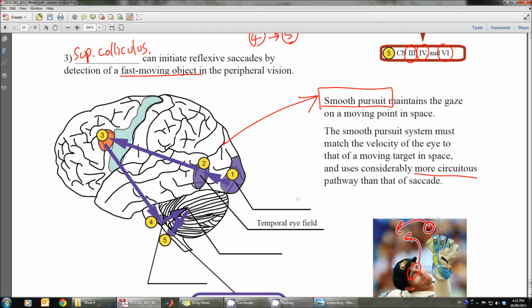So we start from the primary visual cortex, and the next step is, rather than going to the post-parietal, it goes to the temporal eye field, which is number 2, and goes to the frontal eye field, which is number 3.